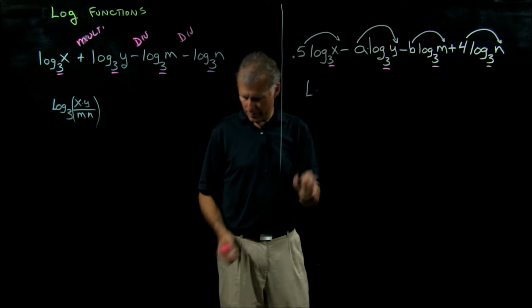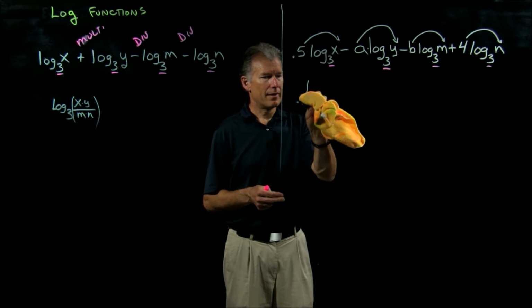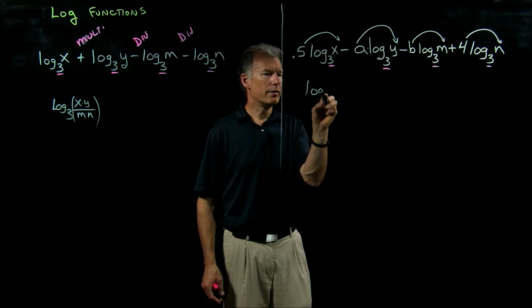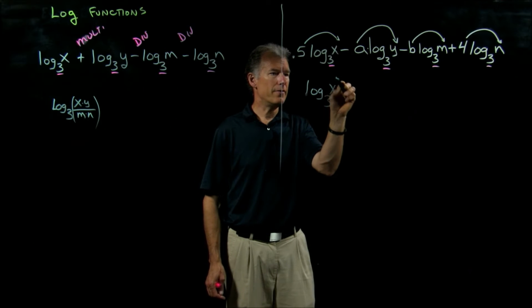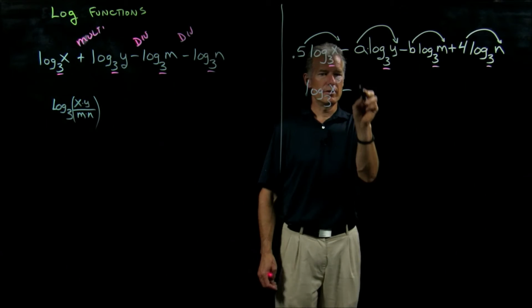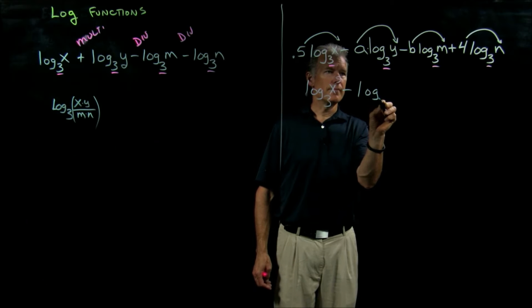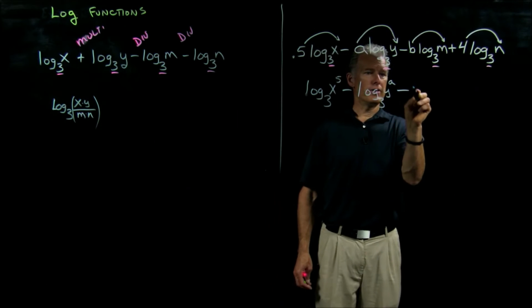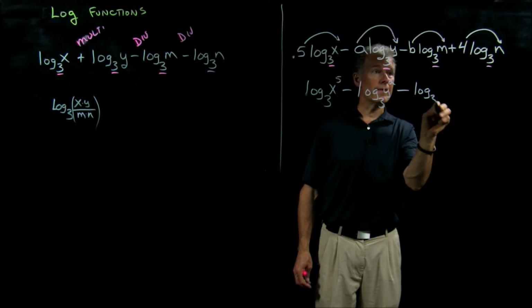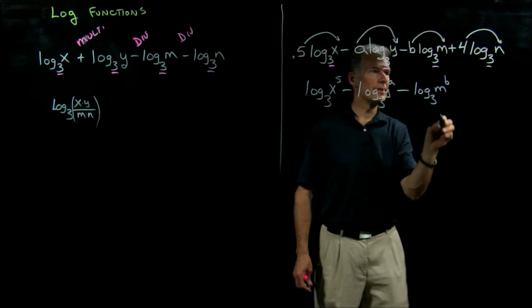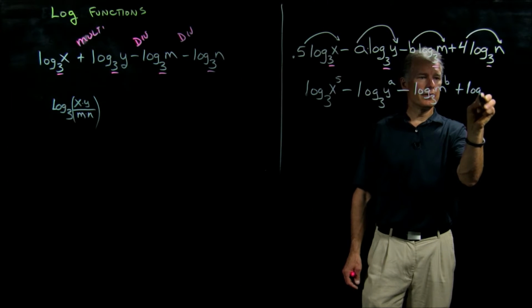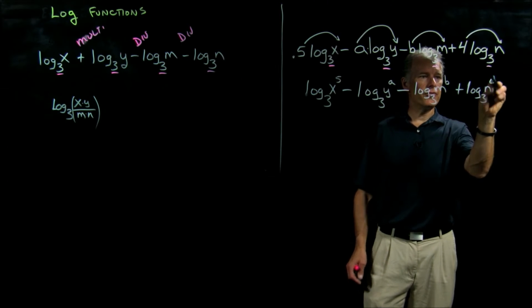So I have log base 3 of x to the 5th minus log base 3 of y to the a power minus log base 3 of m raised to the power of b. And then I have log base 3 of n to the 4th.